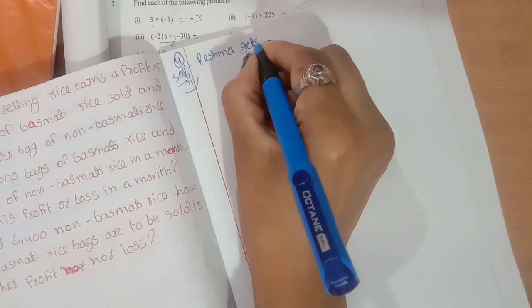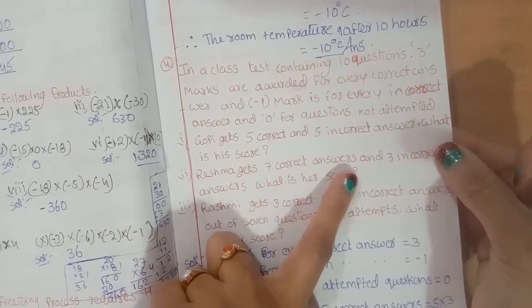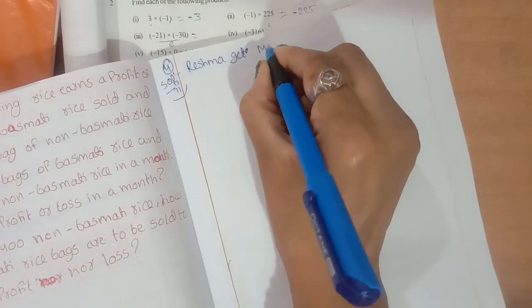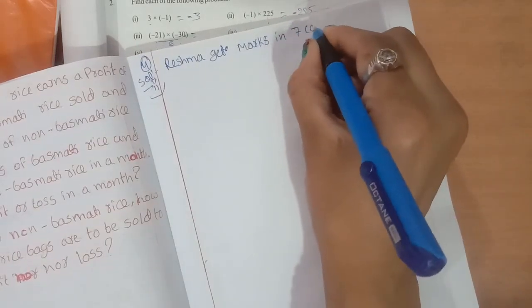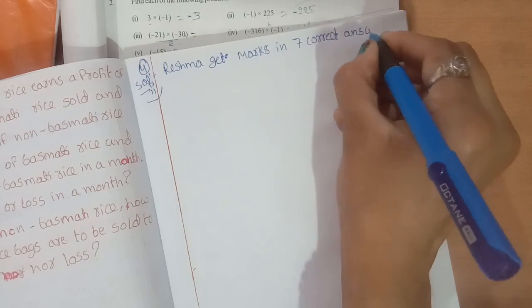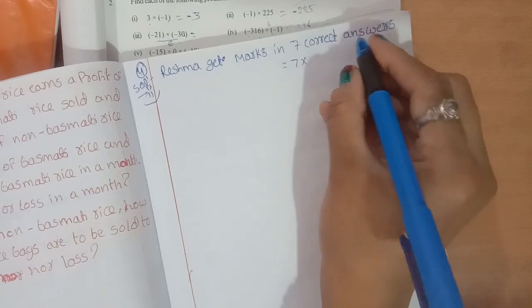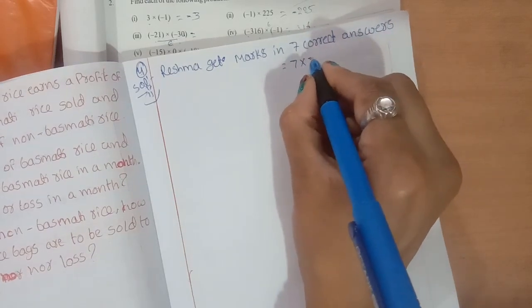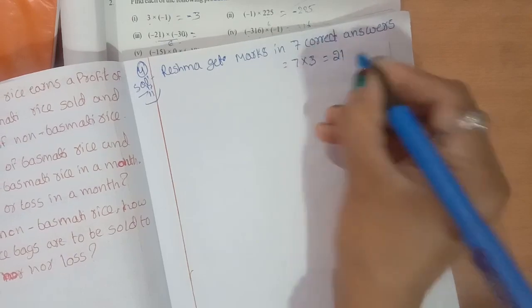Reshma gets 7 correct answers. Reshma gets marks in 7 correct answers, which equals 7 into 3 marks for every correct answer. So 7 times 3 is 21 only.